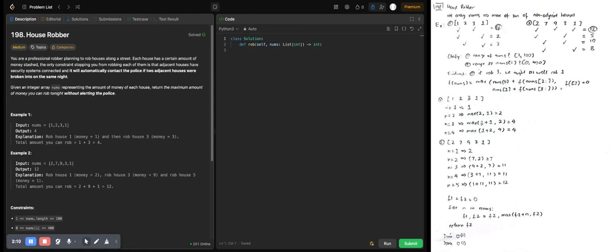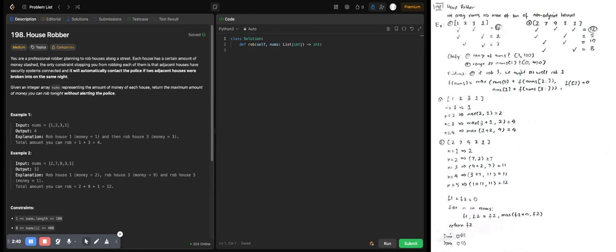Now let's look at the example to understand the problem further. So example 1, we have 1, 2, 3, 1. Let's try out how this is going to work.